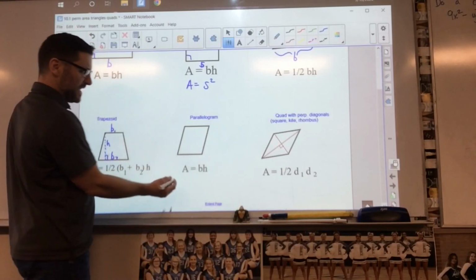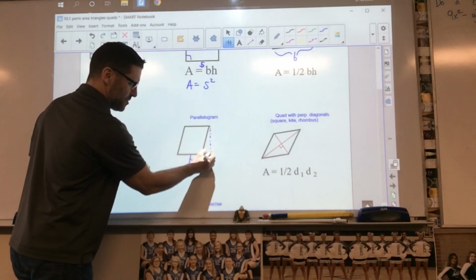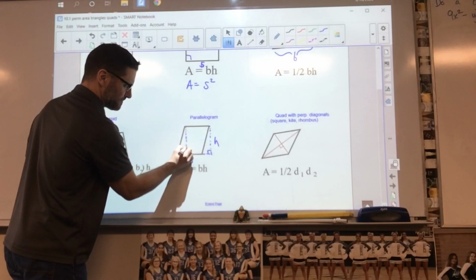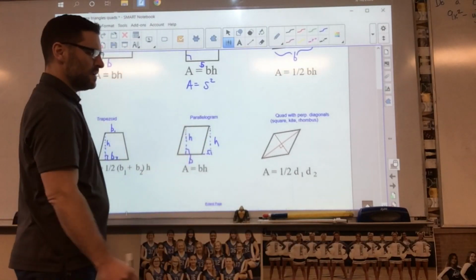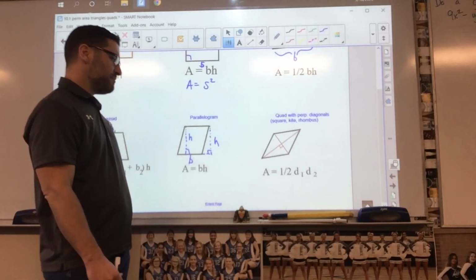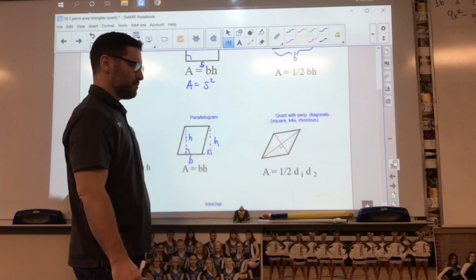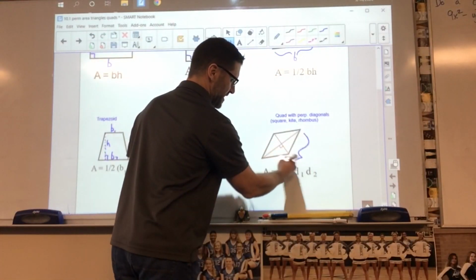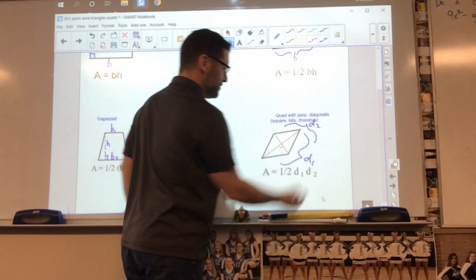Parallelogram, base times height. The height can be outside, or the height can be inside. But it's got to come from there straight down at a right angle. And then one you've probably never seen before. If the quadrilateral, the four-sided figure, has perpendicular diagonals, we would call this distance right here diagonal 1, and this distance right here diagonal 2.